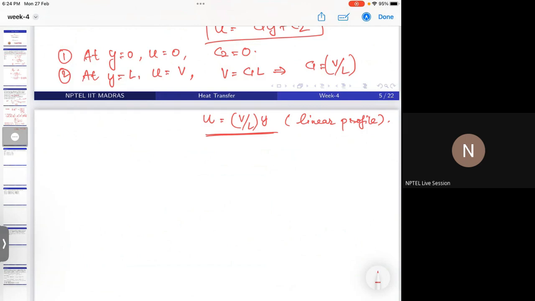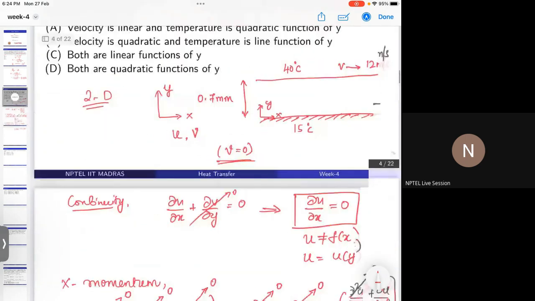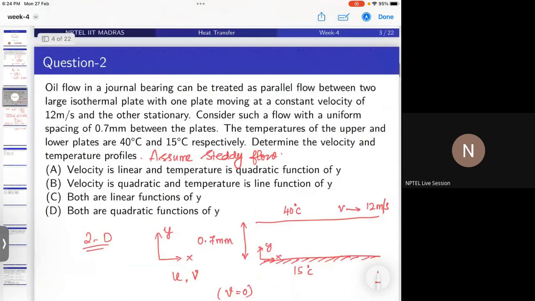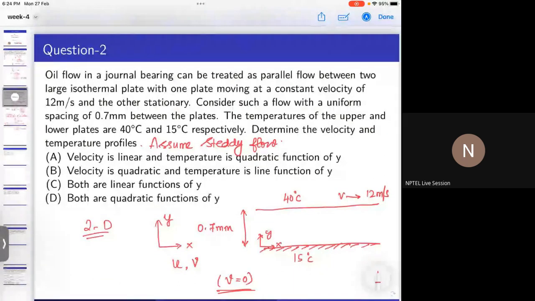As this is oil, and it has a very high viscosity, especially while dealing with oil, unless it is specified, we cannot neglect the frictional heating due to viscous dissipation.